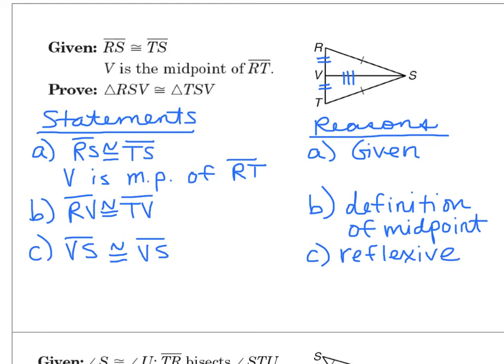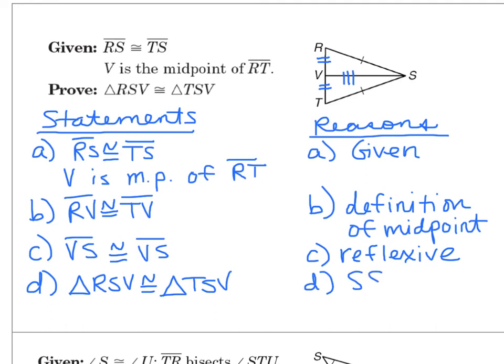Now, all of my marks are on the picture, so I have enough evidence by side, side, side to conclude that these triangles are congruent. So I'm ready to make my last statement here. What I'm trying to prove is that triangle RSV is congruent to triangle TSV because of side, side, side.